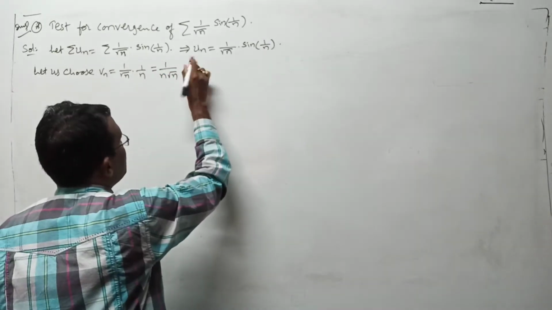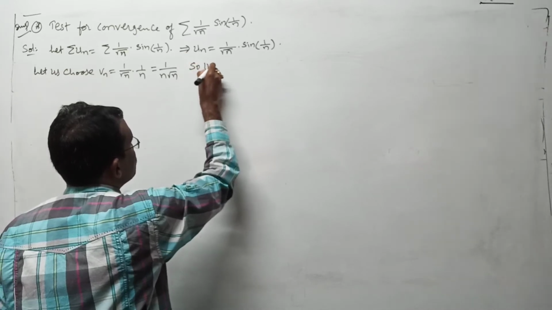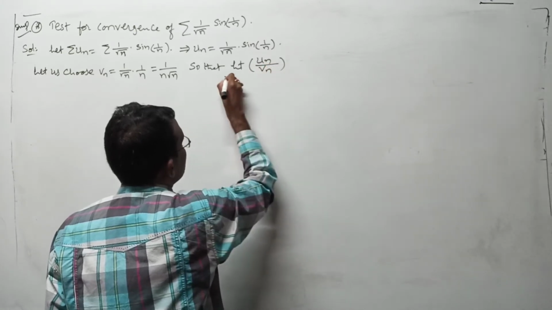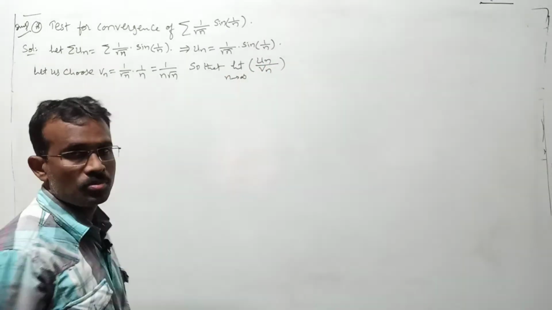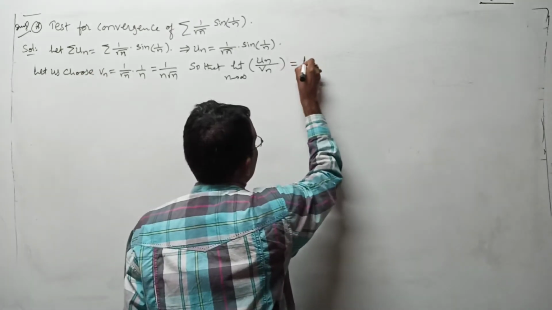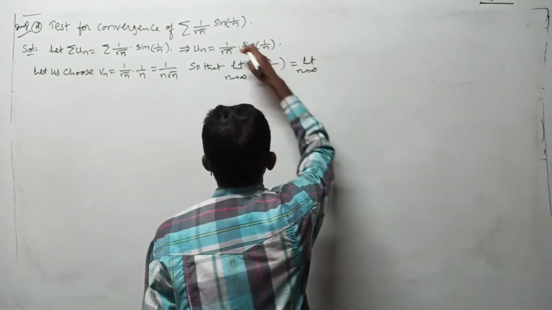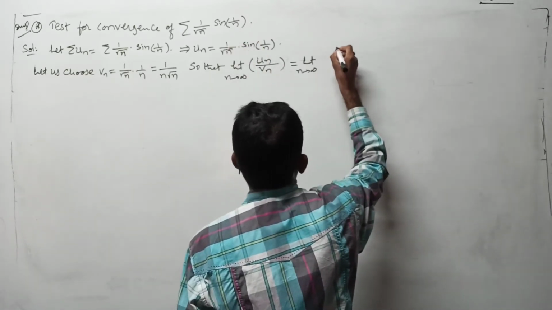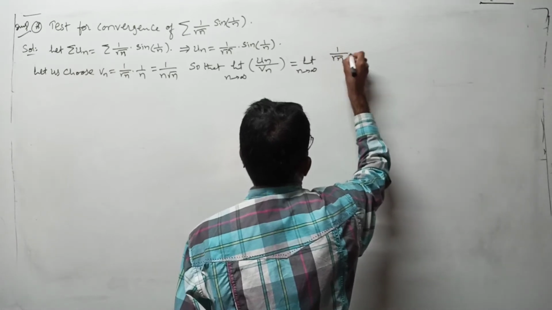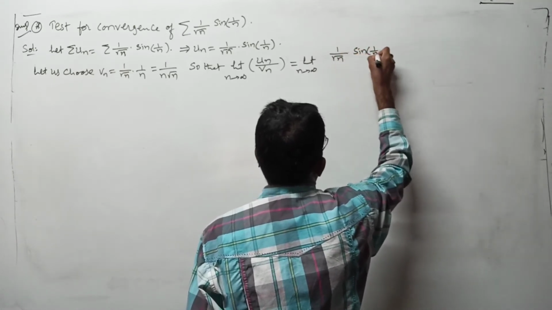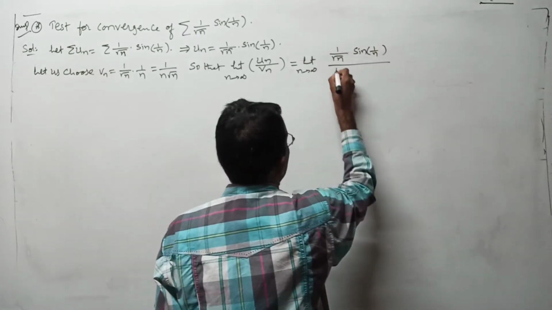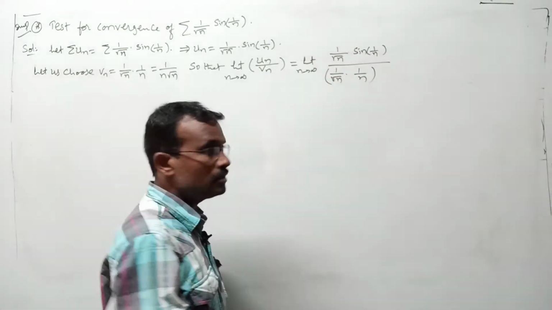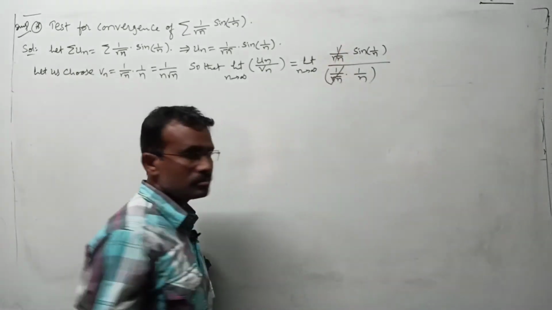But after defining it, whether it is correct or not, you must check. Once you define it, take the limit of Un by Vn as n tends to infinity, and from that you can decide whether it is correct or not. Un is 1 by root n into sine of 1 by n, whole divided by 1 by root n into 1 by n. These two things get cancelled.